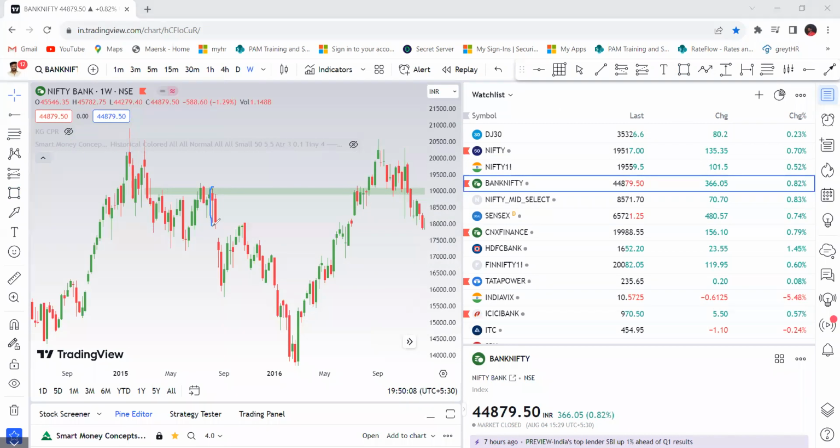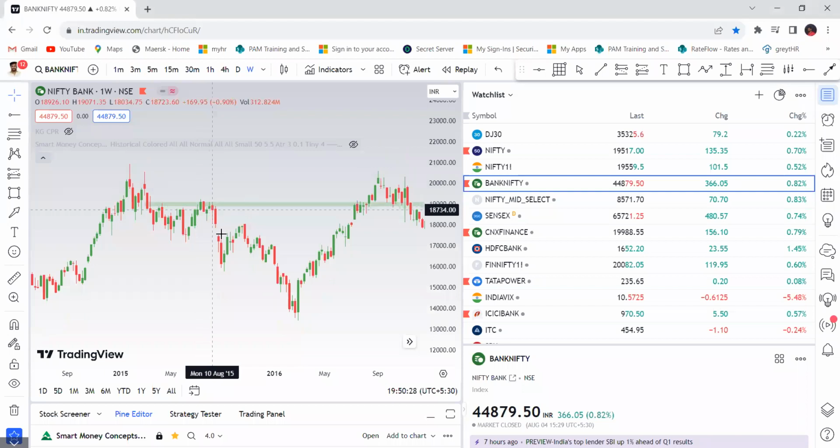So you can take this as a hanging man. So basically this candle has formed here. What has happened to this price? It's formed at the resistance level. So even this candle potentially signifies a reversal.